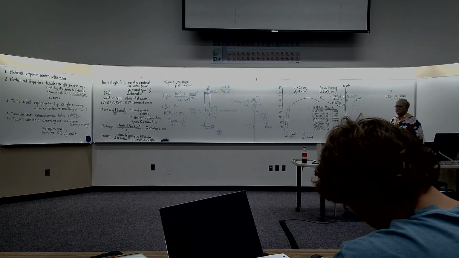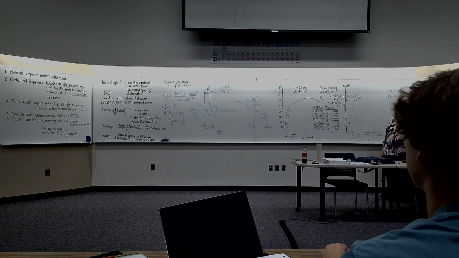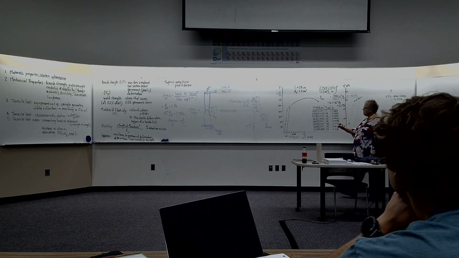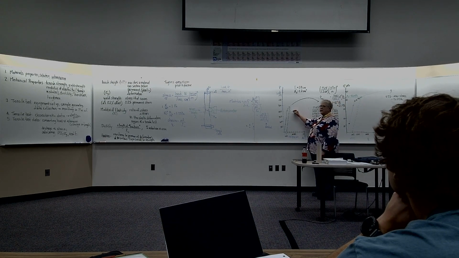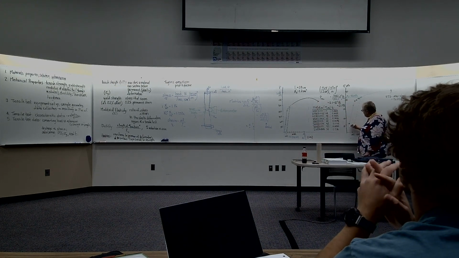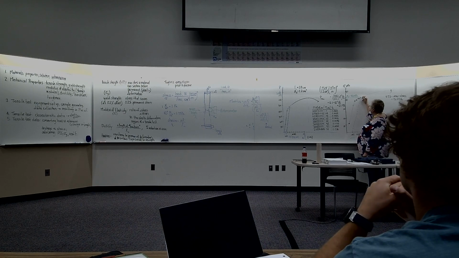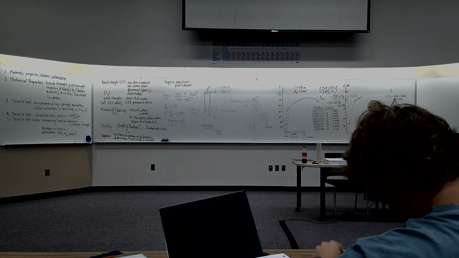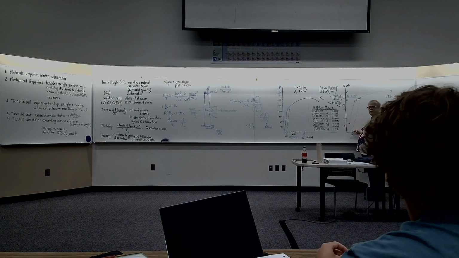So yield strength means the stress level at which I would get 0.2% strain. So remember when we were first doing this, and I went to a certain level, and then I unloaded? What we're saying is, at what stress level would I be if when I unloaded, I had 0.2% strain?